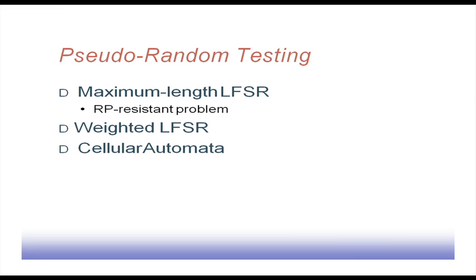So we can modify the maximum length LFSR properties to have a weighted LFSR, in which we change the weight factor. Some of the cells will generate more ones than others. As a result there is a weight factor, the pattern generated is skewed, and this skewed pattern may be helpful in targeting some random pattern resistant faults.